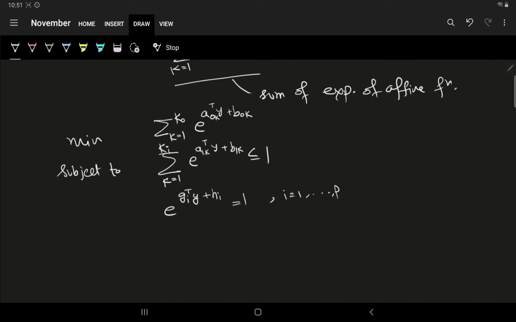Okay, yeah. Right. From i equals 1 to, yeah.